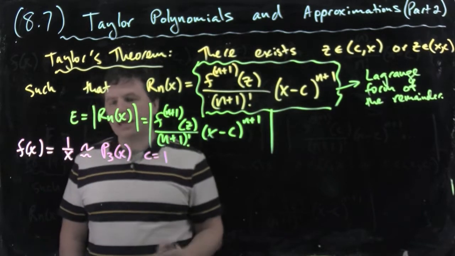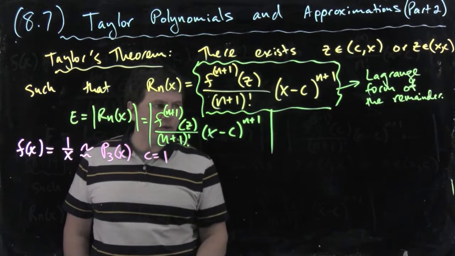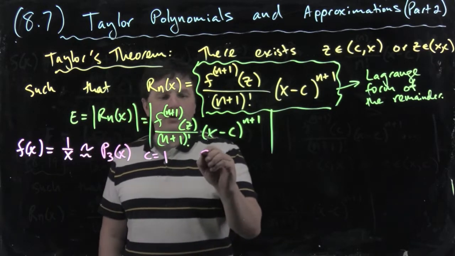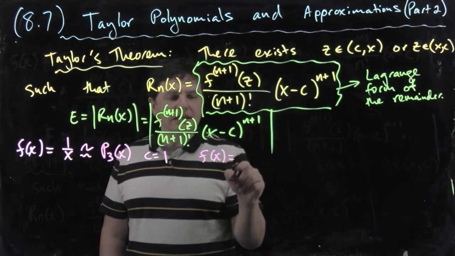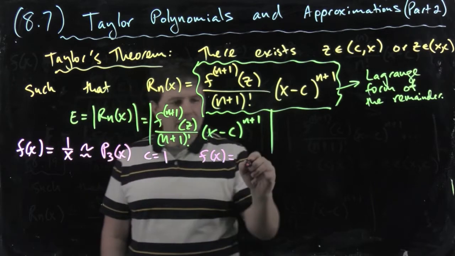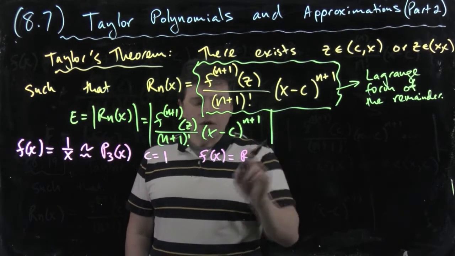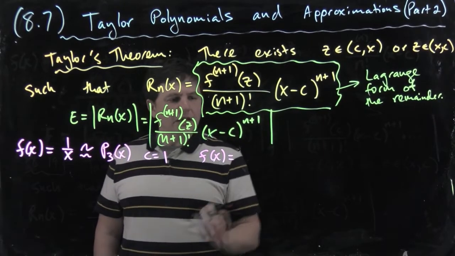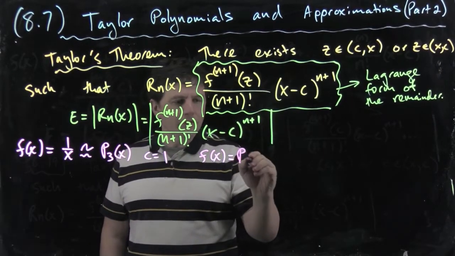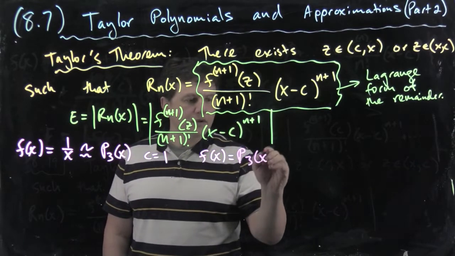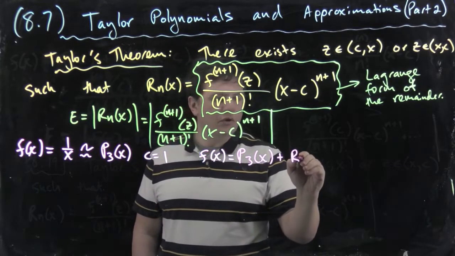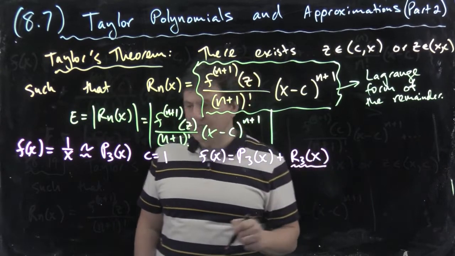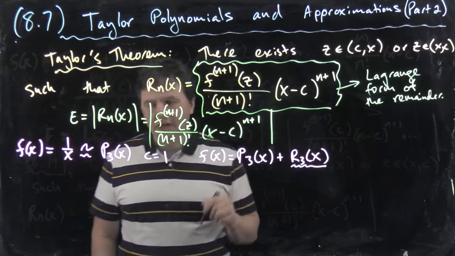Okay, so we're going to center that at 1. So understand what we're going to have here is f of x is equal to this polynomial, degree 3, plus the remainder, which we want to get a hold of because this is going to give us some feeling for the error.